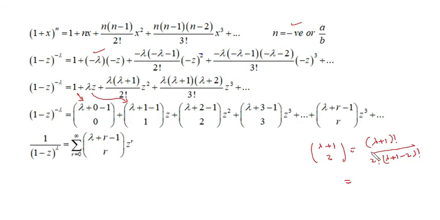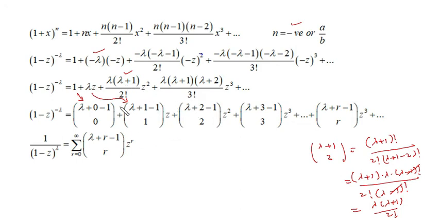Simplifying a little, in the numerator we can write lambda plus 1, opening this factorial, it becomes then lambda, and then lambda minus 1, and then stopping this factorial symbol here, and in the denominator, this is 2 factorial, and this becomes lambda minus 1 factorial, and you can see that this cancels out, and what is left behind is lambda plus 1 over 2 factorial, which is the same as here. It means this expression is the same as this one.